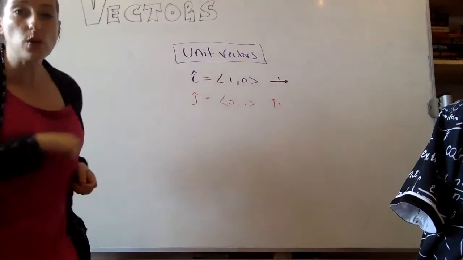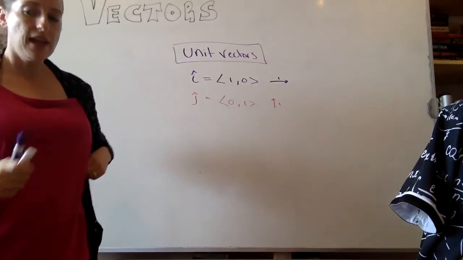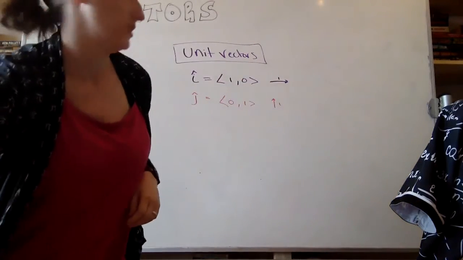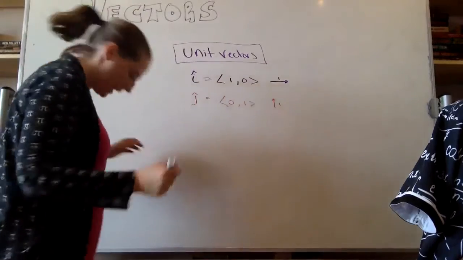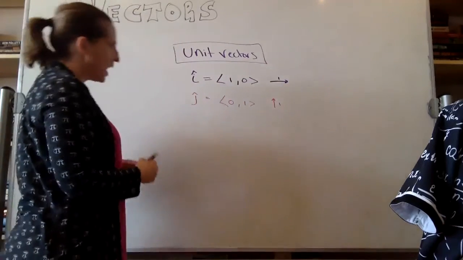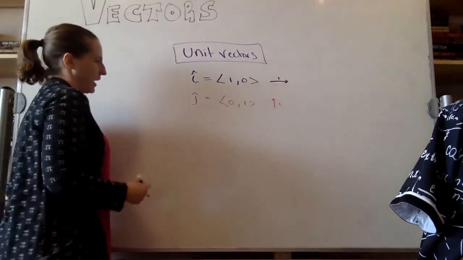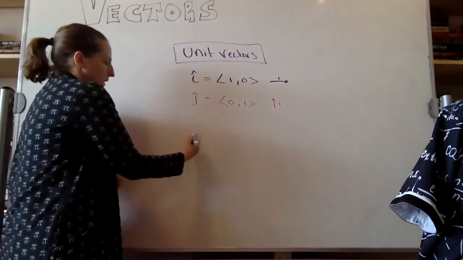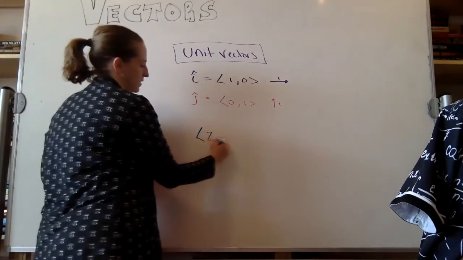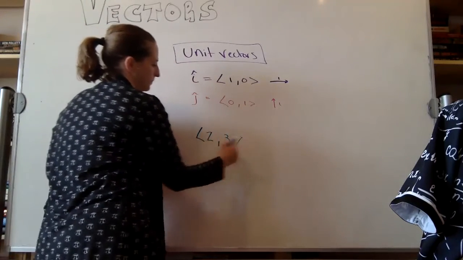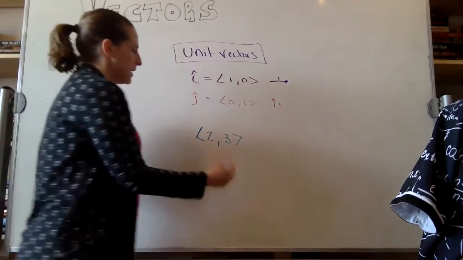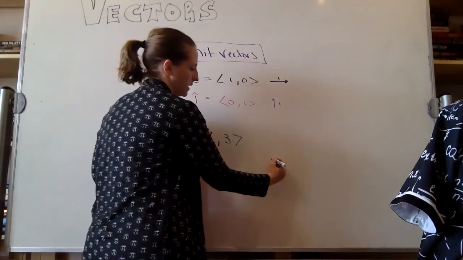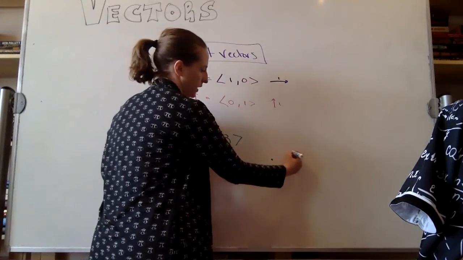Now here's the cool thing about i hat and j hat. I can take any other vector in two-dimensional space and rewrite that vector as a combination of i hat and j hat. What do you mean? Well, let's take a general vector, say the vector (2, 3). I know that (2, 3) means I go horizontally 2 units and vertically 3 units.